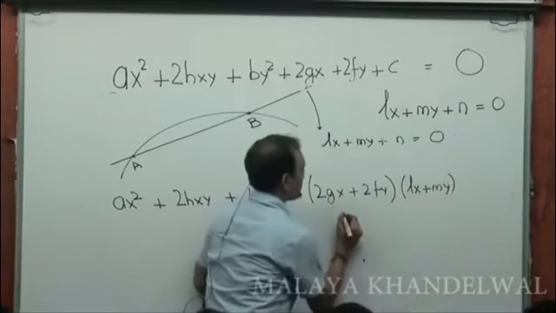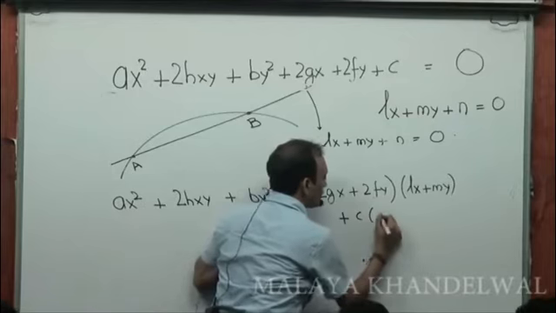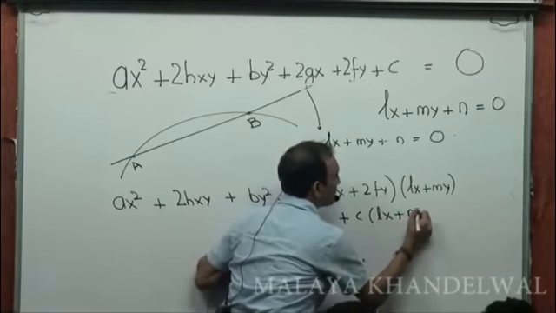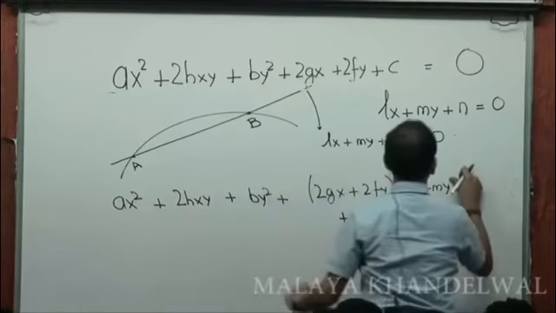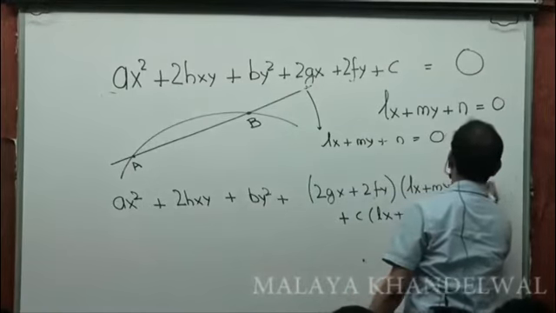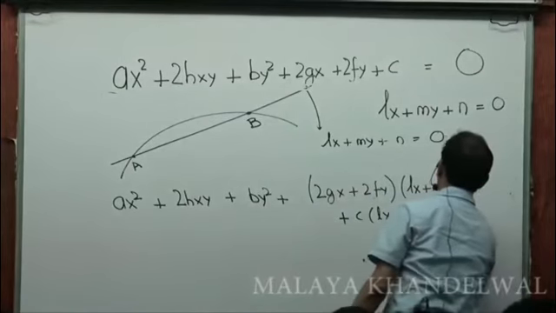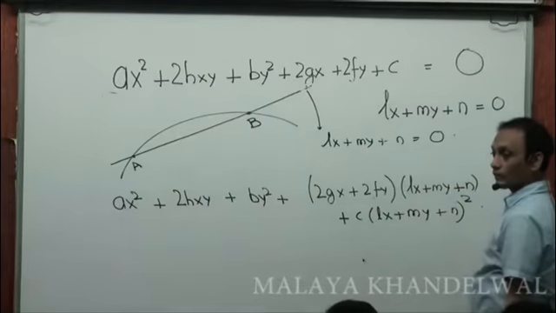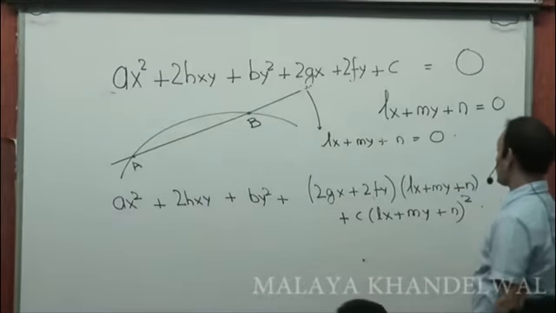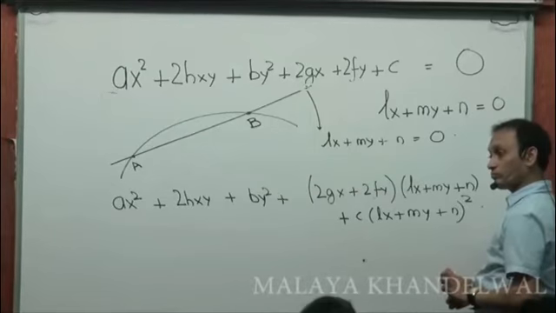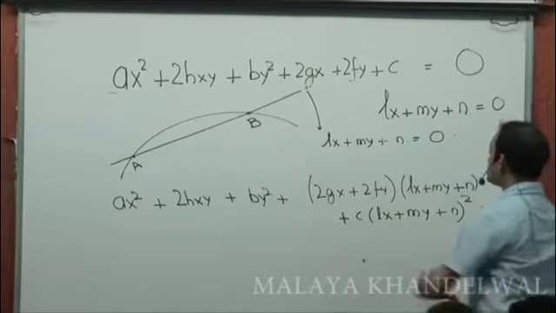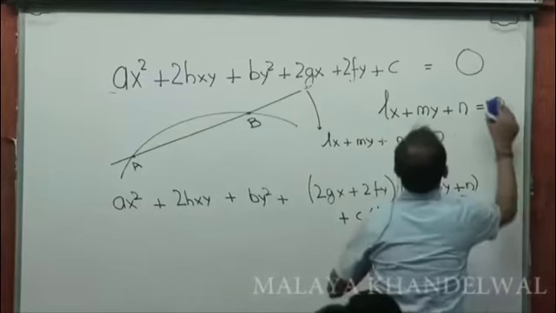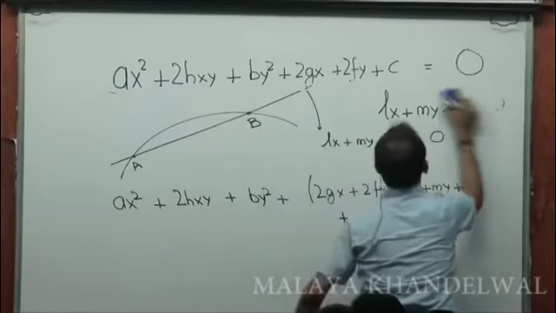Look at C. I do the following: lx plus my, I'm sorry, lx plus my plus n, right? Lx plus my plus n whole square. Just what I do is I'll modify this a little bit with your permission.